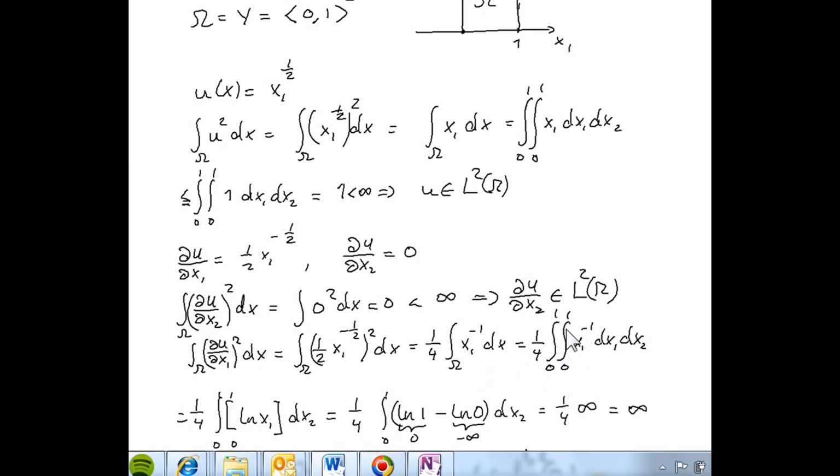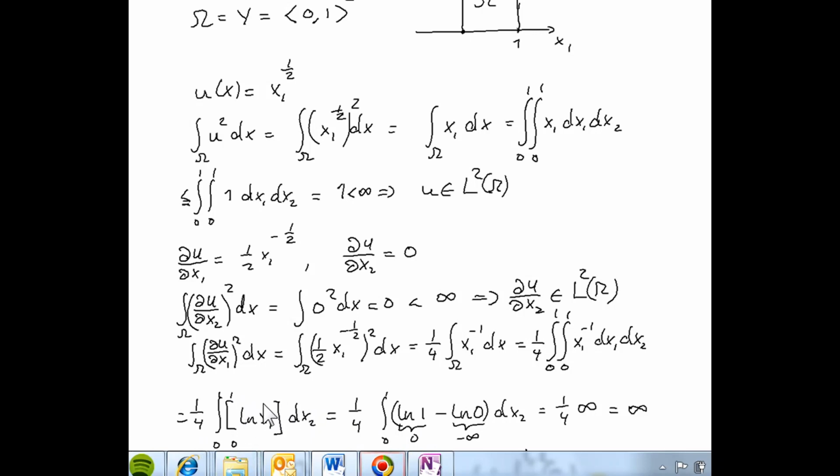When we take the integral with respect to x1, we obtain the antiderivative of 1 over x1, which is just ln, the logarithm of x1. And we integrate this logarithm from 0 to 1.